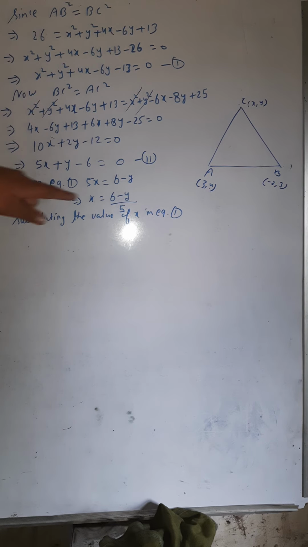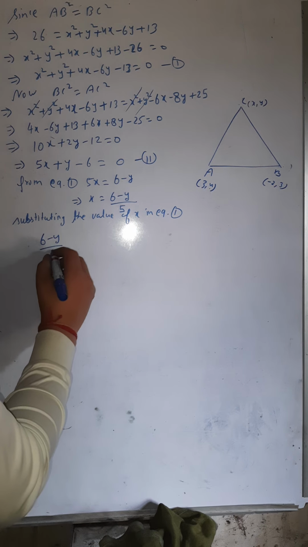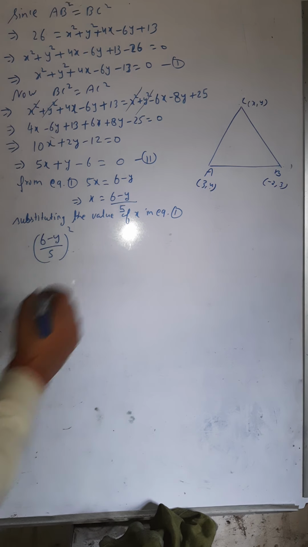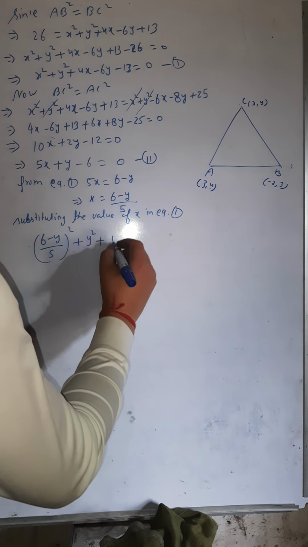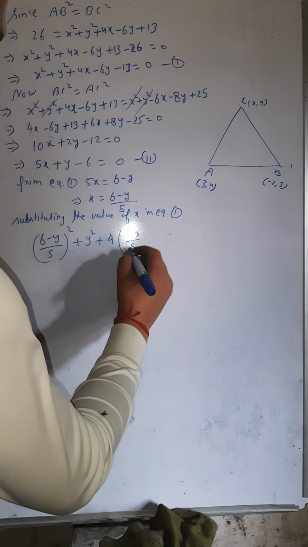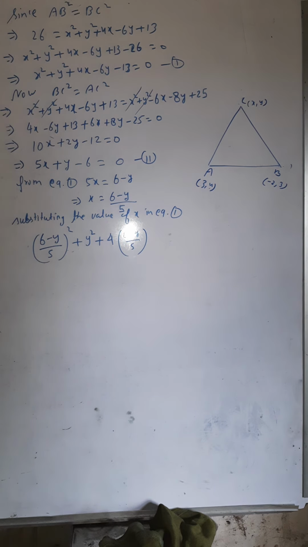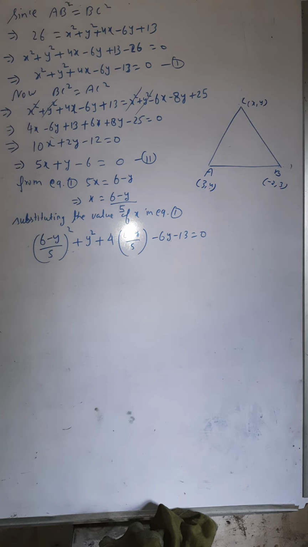So it is x square, so this much I will write here. So it will become 6 minus y by 5 whole square plus y square plus 4 into 6 minus y by 5, minus 6y minus 13 will be equal to 0.